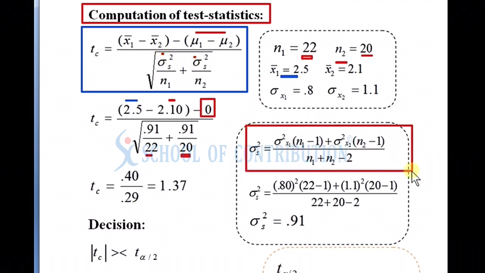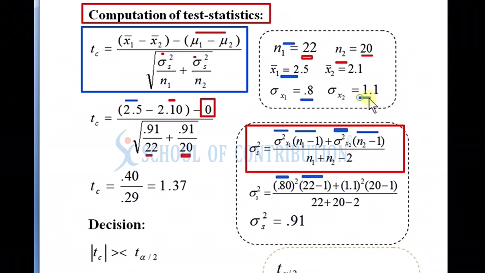This is the formula we use to calculate the combined variance, given as the first sample variance multiplied by n1 minus 1 plus the second sample variance multiplied by n2 minus 1, divided by n1 plus n2 minus 2. Our first sample standard deviation is 0.8, we square it to convert it into variance and multiply with 22 minus 1, because n1 is 22.